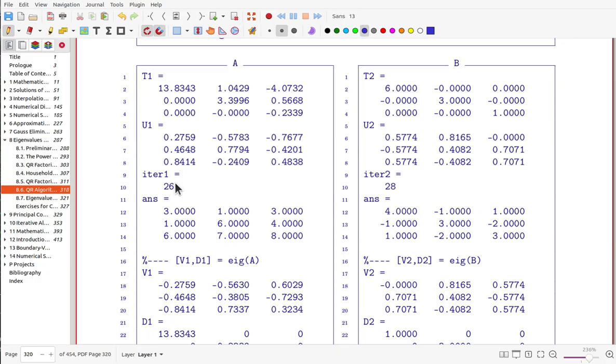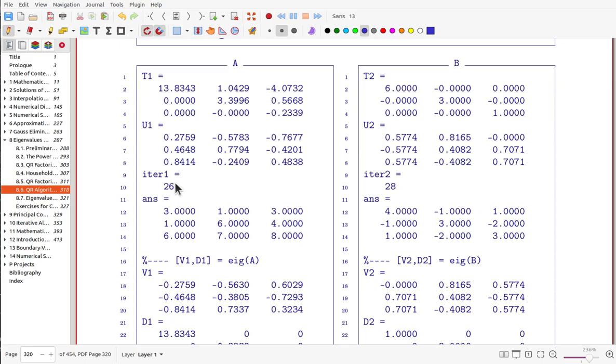It's a 3 by 3 matrix. It requires 26 iterations. So you can imagine that once the matrix size is very large, then the number of iterations is really, really large, which means that the convergence is slow.